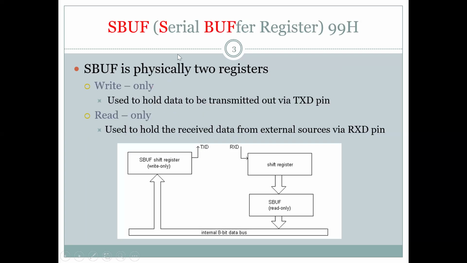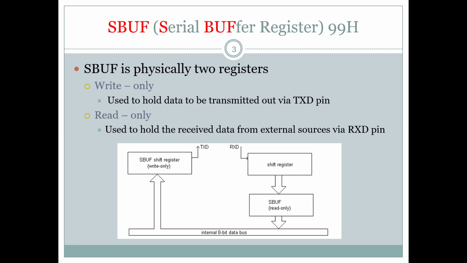SBUF is a byte register only, not bit addressable, whose address is 99H. Actually speaking, it is a UART, a full duplex universal asynchronous serial communication. Full duplex means through the RxD data pin you can receive data, and through the TXD data pin you can transmit data, both in parallel.